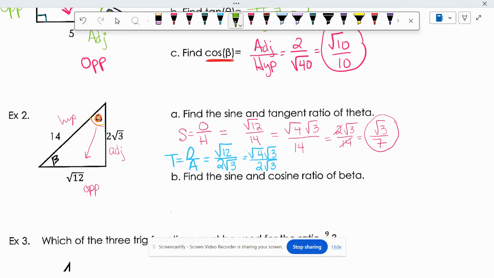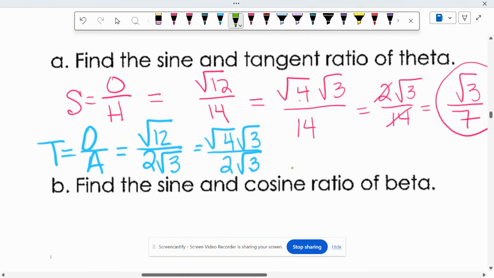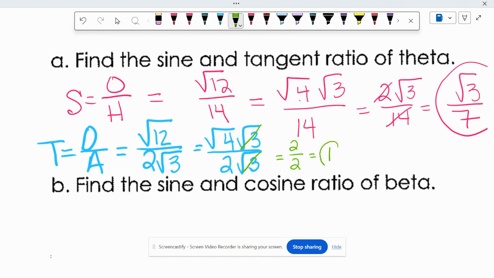Nathan, what do you notice that I can cancel out? What do you see that I can cancel out from the numerator and the denominator? The square roots of 3. So I'm left with the square root of 4, which is 2 over 2. What is 2 over 2 reduced to? 2 over 2 is the same thing as 1.